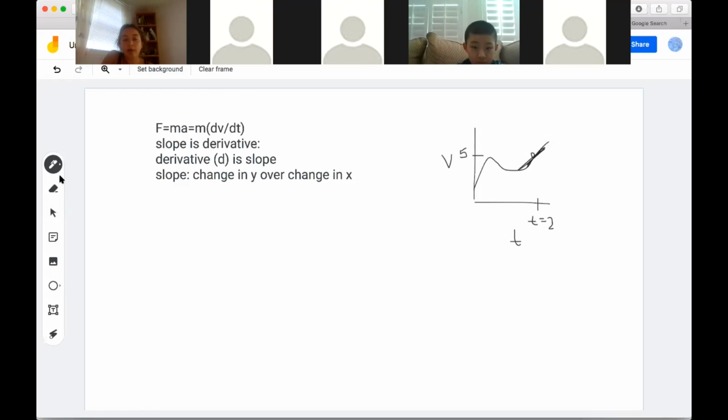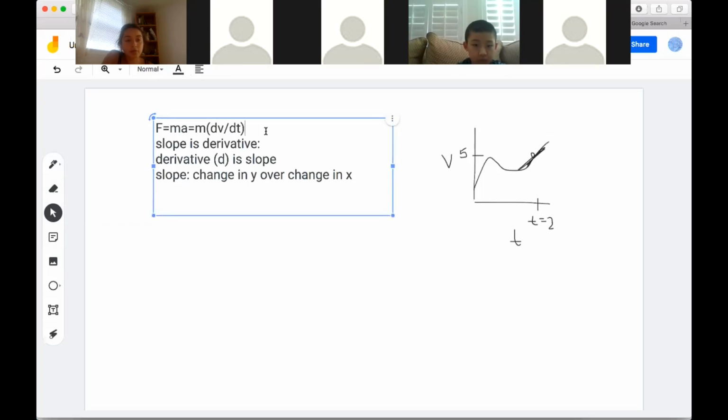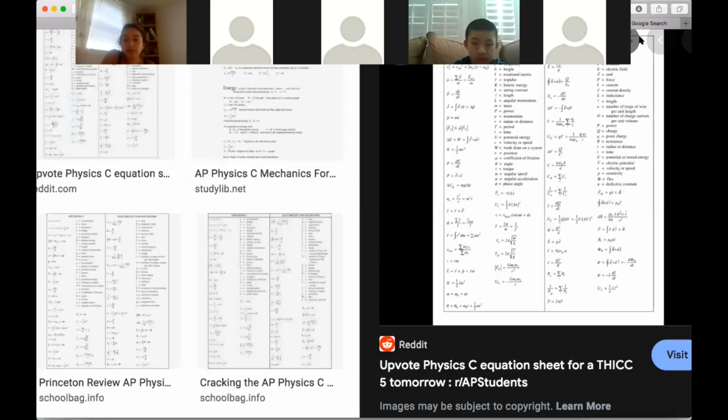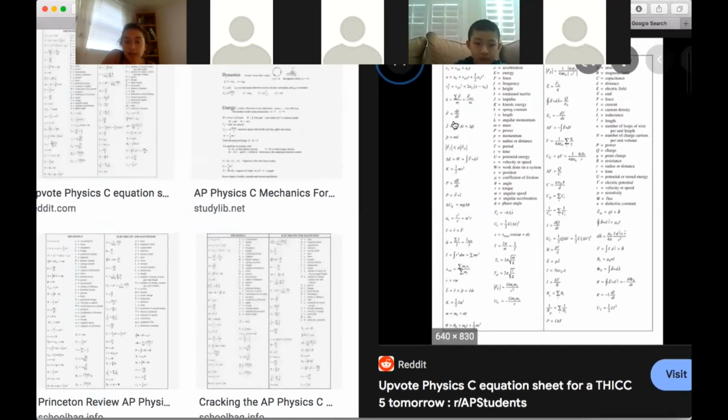And if you only have the position, you can take the second derivative. So it'd be F equals m times the second derivative of position. Now there's another equation you might have noticed. It's F equals dp over dt.